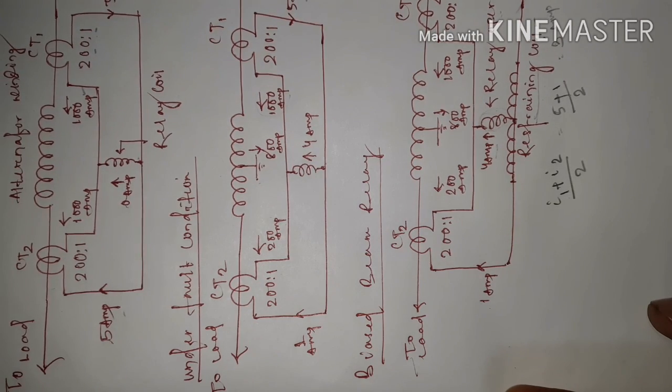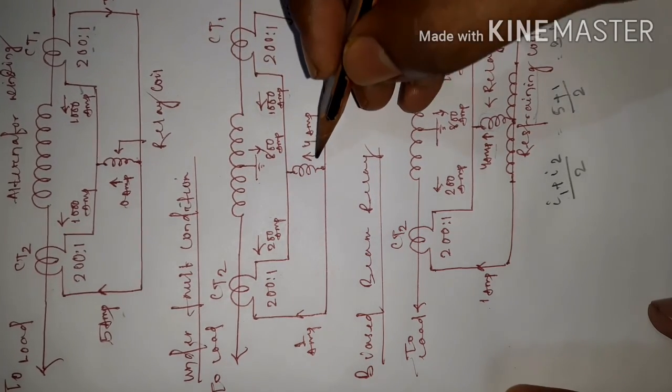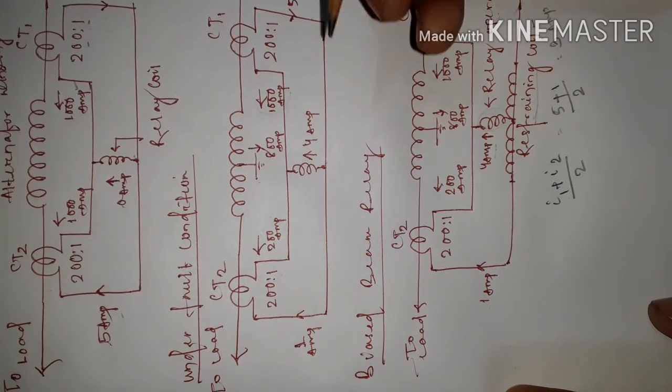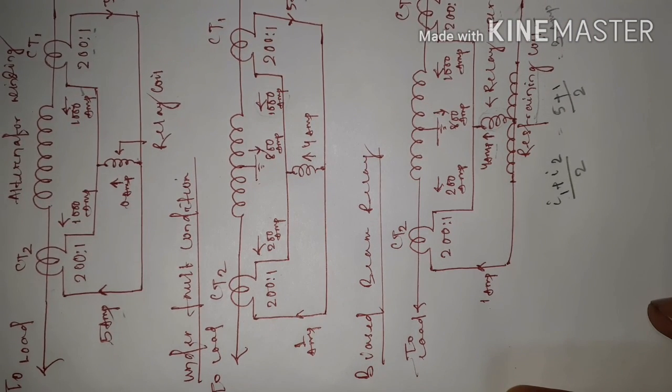This difference current passes through the relay operating coil and the relay is able to operate. So it is called current differential relay.